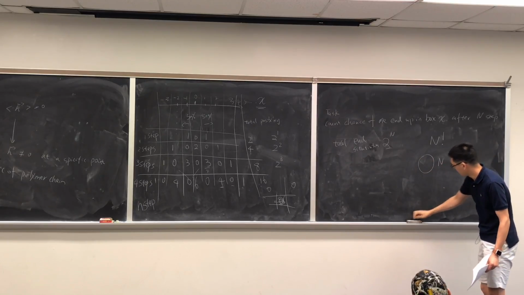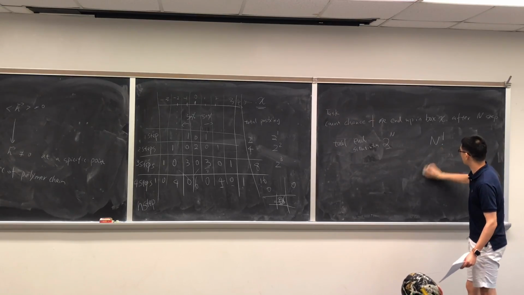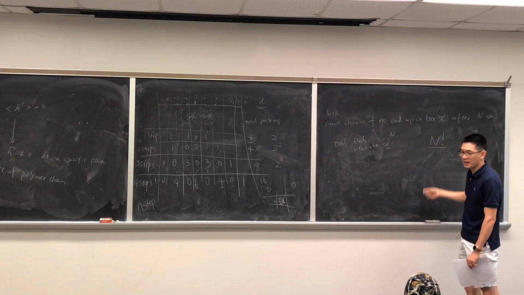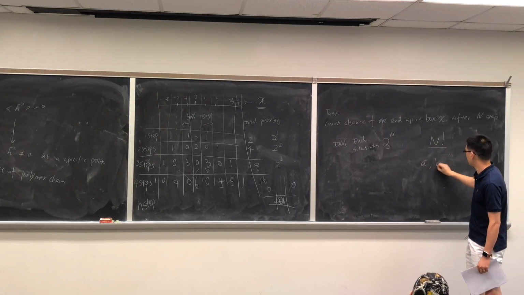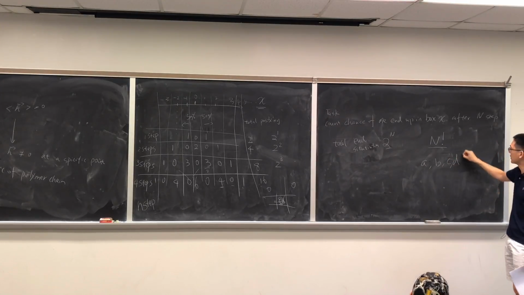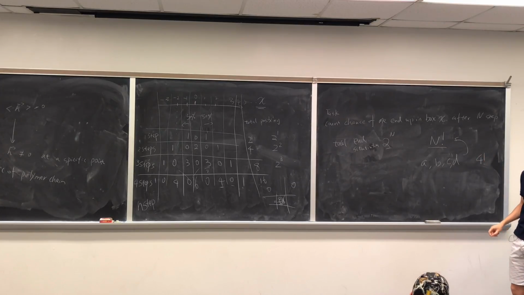Let me explain with an example. If we have A, B, C, D and we want to line them up, how many ways would there be? It would be 4 factorial, which equals 24 different arrangements, right? How do we get there?